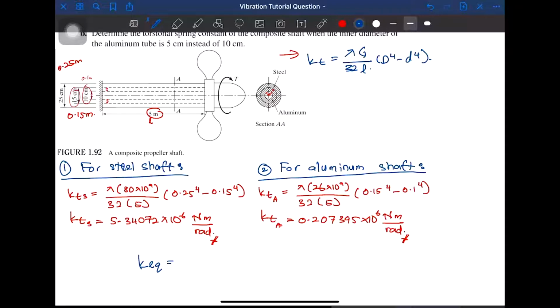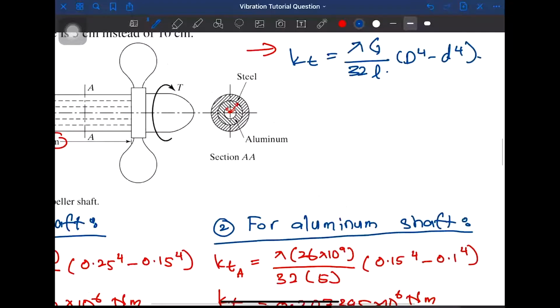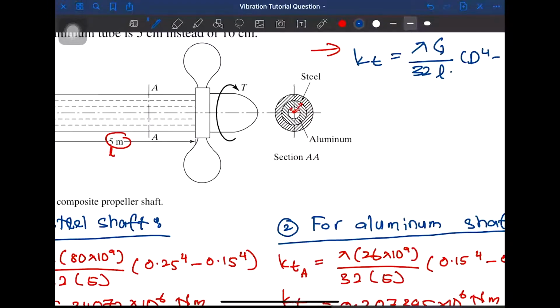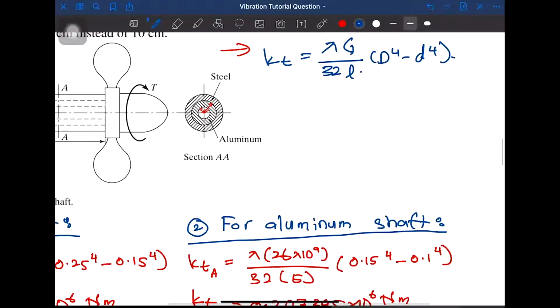Since both elongations will be the same, remember, since they are attached to each other, you can assume it to be parallel, because why? If I draw it this way, let's say this is K1 and this is K2 and this is the load, for example.